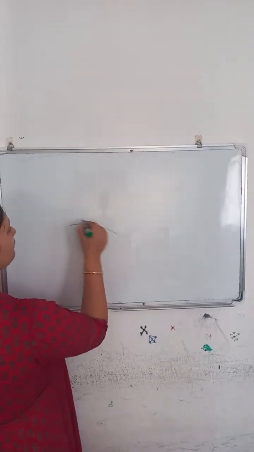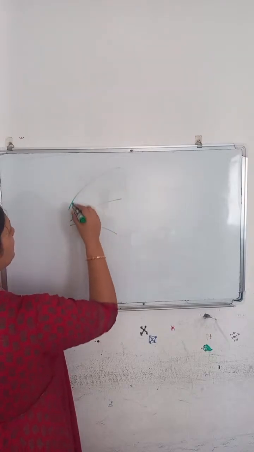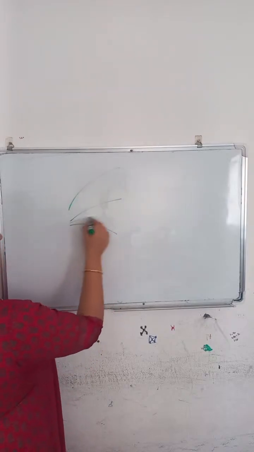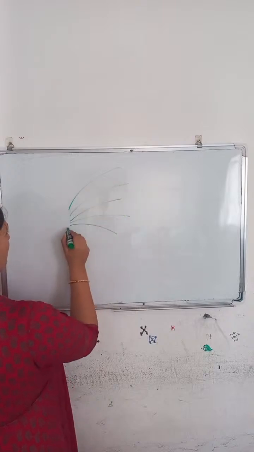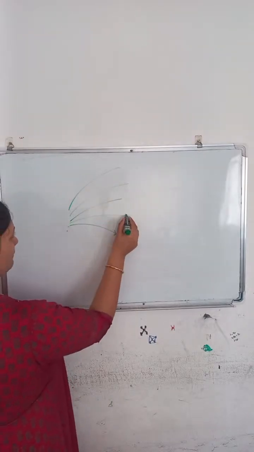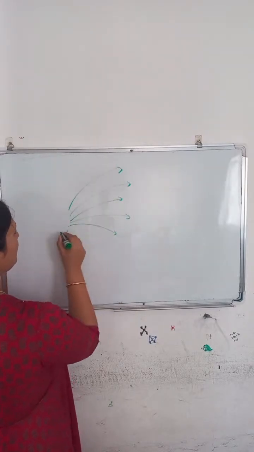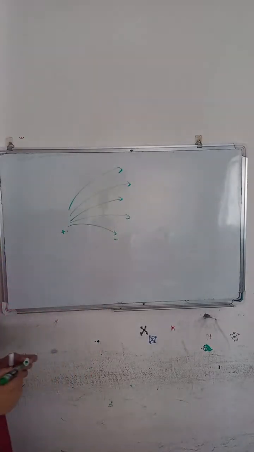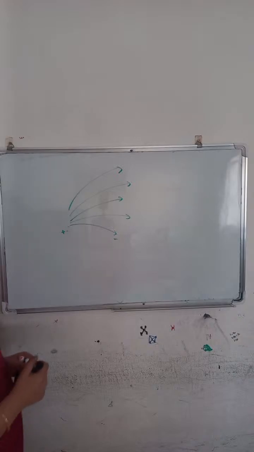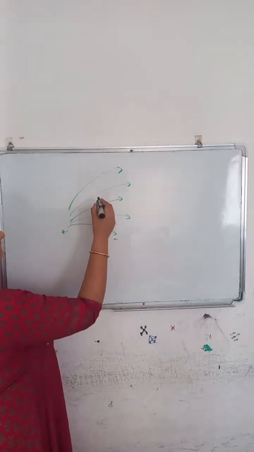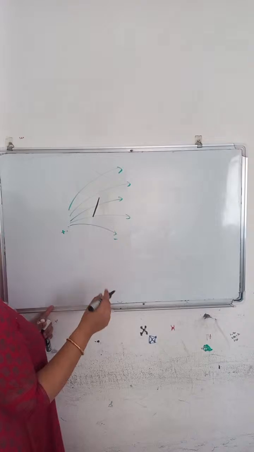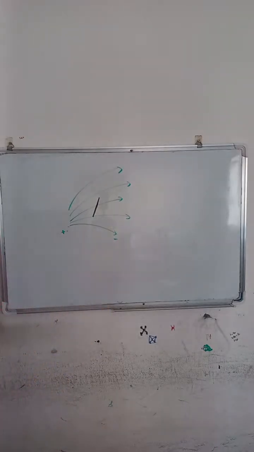Non-uniform electric field means the distance between the two lines may not be the same. Suppose it is going from positive to negative, so this is the direction of the non-uniform electric field. Now here if I place a dipole, you can place it like this, or if you want any position you can draw.